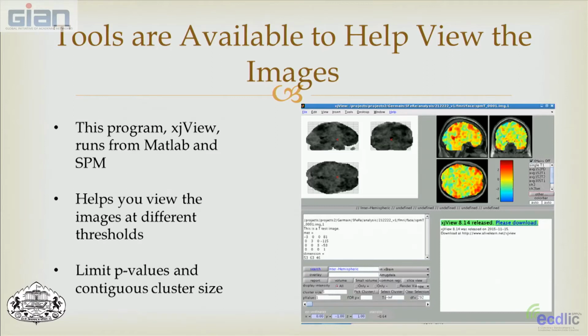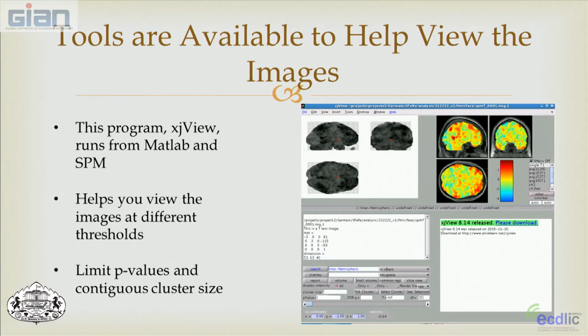So this is our software display program. It's called XJView. That's the one that I typically use. This runs again from MATLAB and SPM. I don't know if you guys use MATLAB here, but it's a computational processing software language that we use, and SPM runs on top of MATLAB. So it's a program that somebody wrote to run in concordance with the actual MATLAB software.